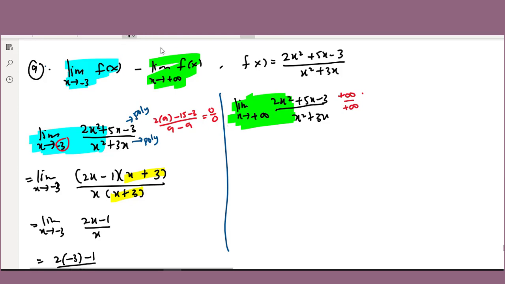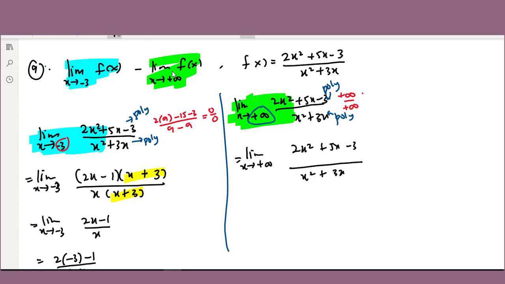For polynomial over polynomial, if x tends to negative infinity or infinity, you have to divide by the highest power of the denominator. Limit as x tends to positive infinity, just write, over x squared plus 3x. So x squared is the highest power of the denominator.